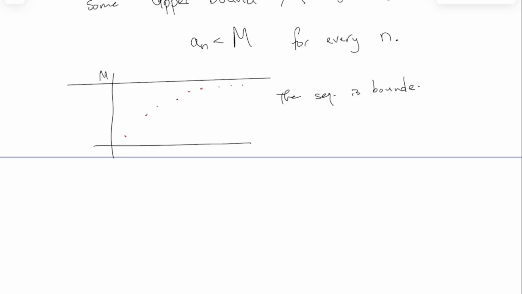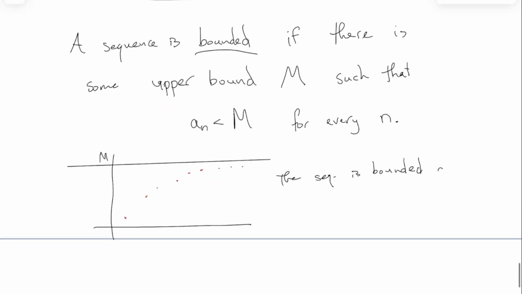The language that is used, sometimes people say bounded above by M. There is some kind of ceiling that the values of the sequence never exceed, that number, big M. This is called being bounded above.